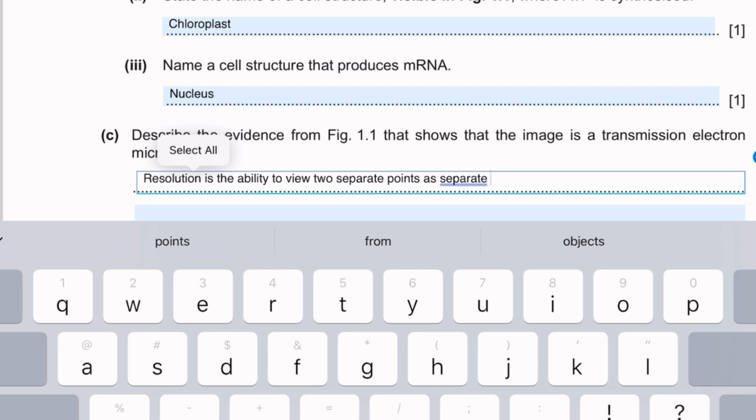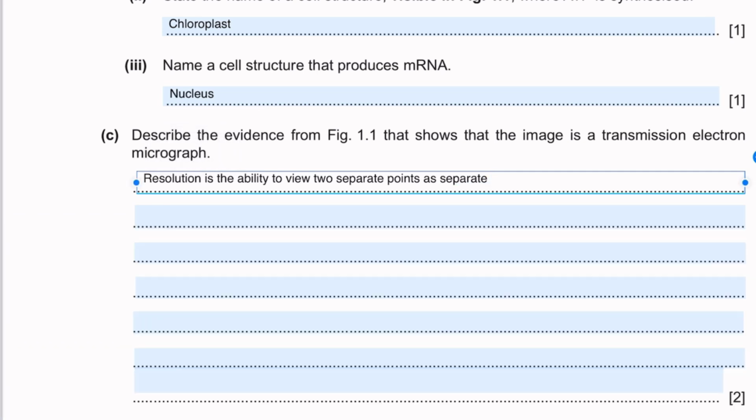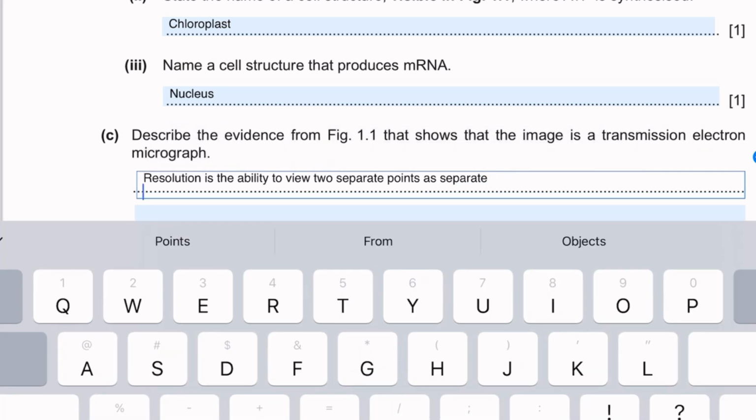However, when the resolution is higher and higher, we're able to see things that are so close together as 2 different points. And so in this case, we're able to do this because the electron microscope has a higher resolution than the light microscope. So let's write this down.